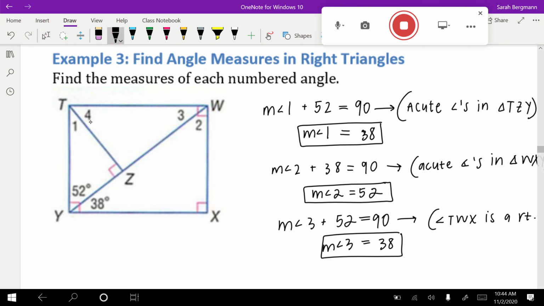Finally, I need the measure of angle 4. I see that in triangle WTZ, I only know one of the angles. However, I see that angle 4 and angle 3 are the remote interior angles for angle TZY, a right angle.